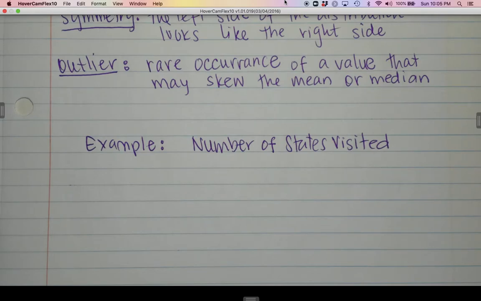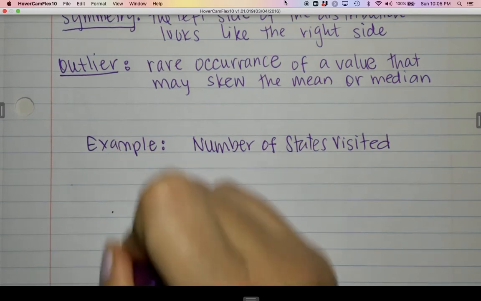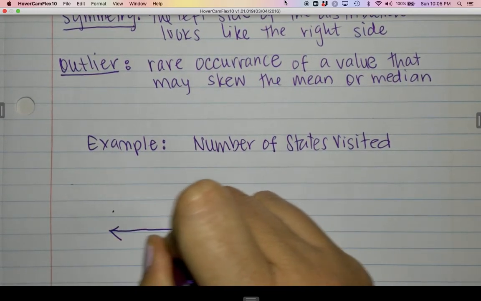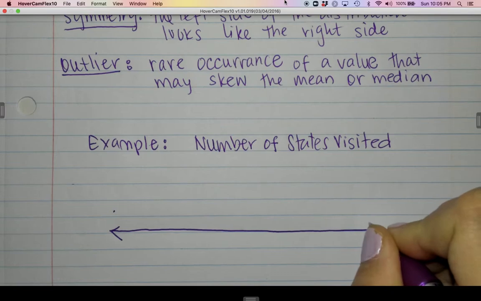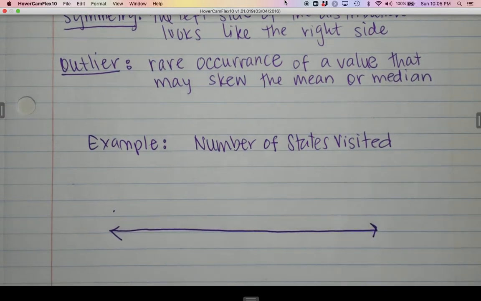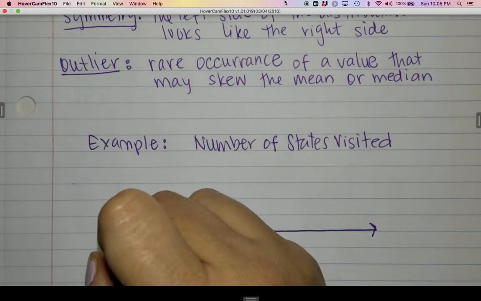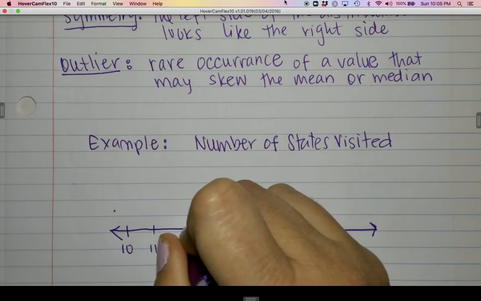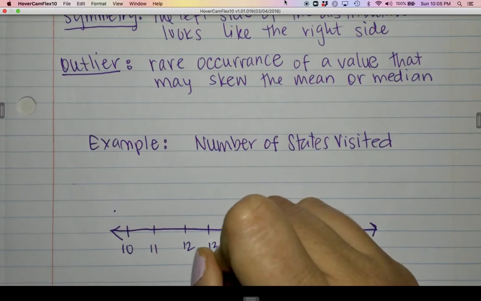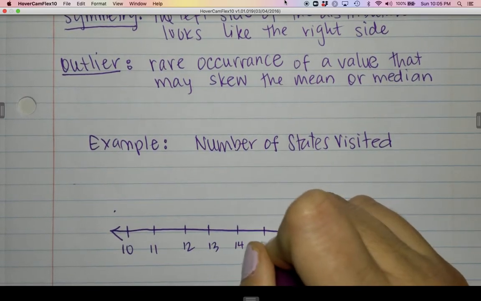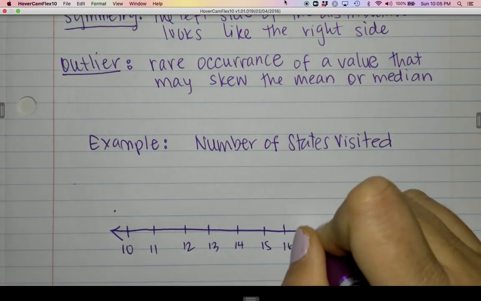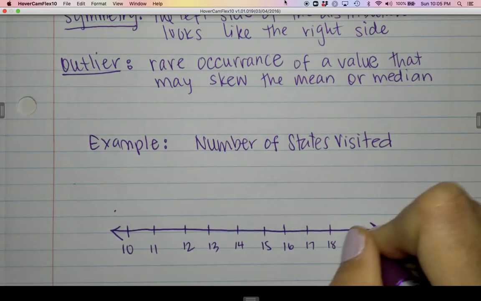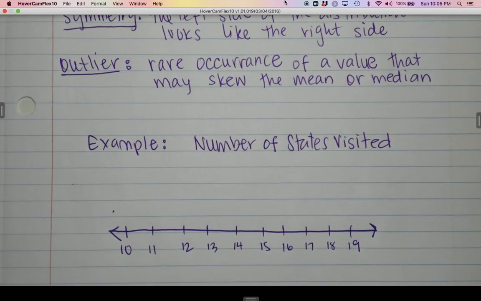So I'm going to label my dot plot from 10 to 19. And it's not perfect, but it works.